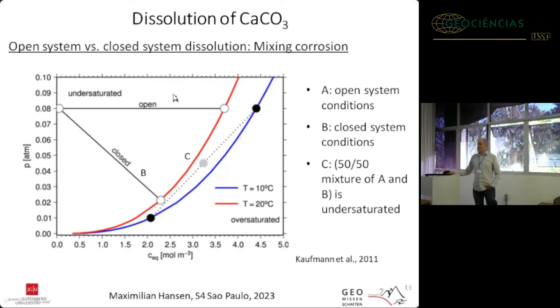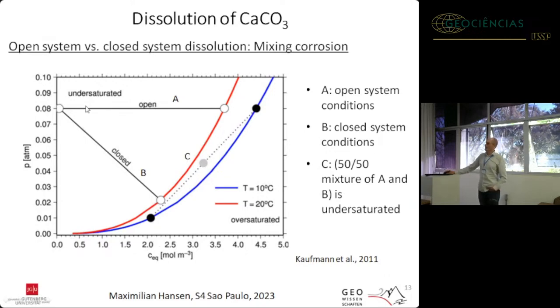Another very important point for the formation of caves is the mixing corrosion. Here is a comparison between open and closed system again. What you see in this plot is the partial pressure of dissolved CO2 in the solution, plotted against the equilibrium concentration of calcium carbonate, which means what the equilibrium concentration would be if all the CO2 is consumed from the solution.